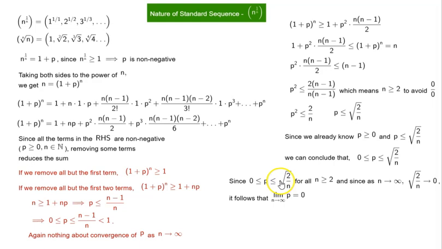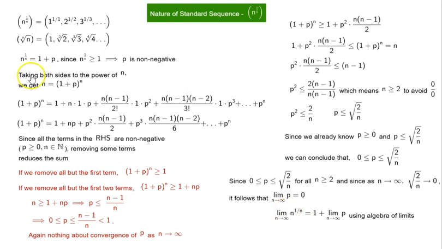Now, since p is between them for all n greater than or equal to 2, and since as n goes to infinity, square root of 2 by n goes to 0, it follows that limit as n goes to infinity of p is equal to 0. So basically 0 remains fixed, and as n keeps becoming bigger and bigger, it comes closer and closer to 0.